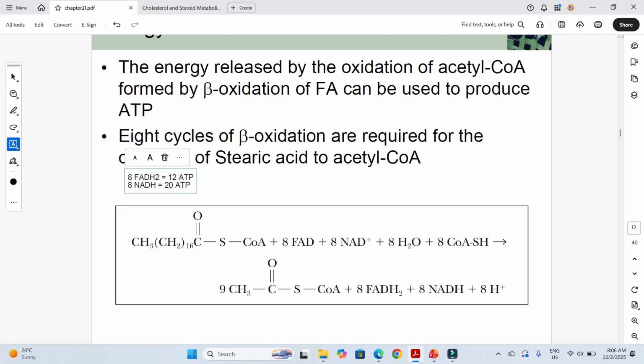So how many acetyl-CoA do we have? 9 acetyl-CoA. That's equivalent to 9 times 10, because 1 acetyl-CoA in one round of the Krebs cycle is equivalent to 10 ATP. So 9 times 10, 90 ATP, right?